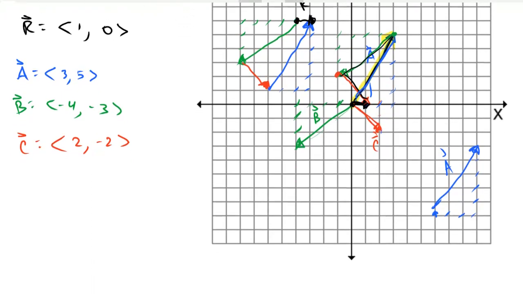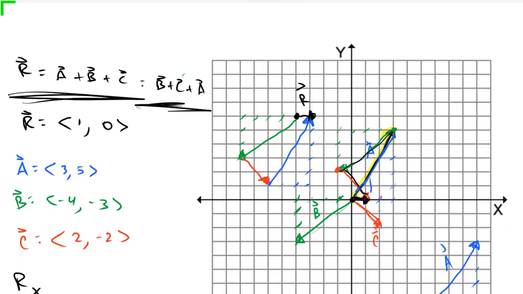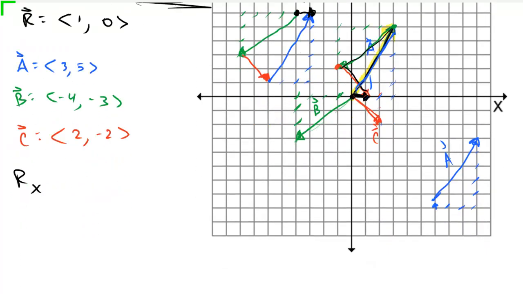Now, adding the vectors together is really just adding up all of their components. We call this the superposition principle. The resultant is A plus B plus C, or B plus C plus A, as we saw previously. It is commutative, so we can add in any order we want.